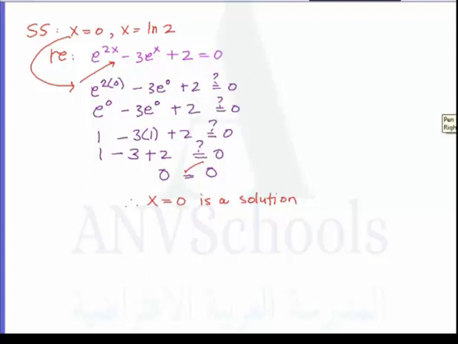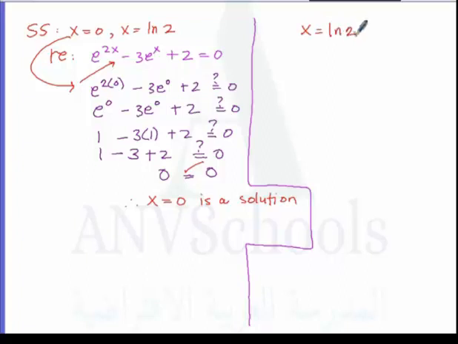So we have to be very careful about verifying whether the value that we get from a certain equation really is a consistent or a valid solution for the given equation. Okay, so now let us use x is equal to ln of 2 as a solution.